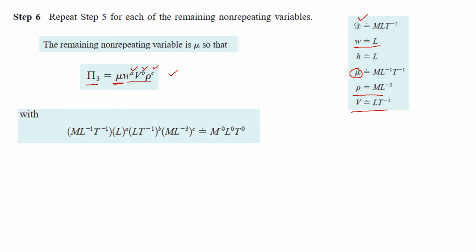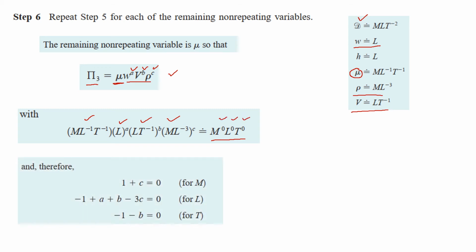Now first we will add the dimensions of each of these variables. So the dimensions of viscosity, the dimensions of width, velocity, and density will be equated to these 3 reference dimensions, each raised to the power of 0. So now we will write these equations to correctly write the values of my powers a, b, c.